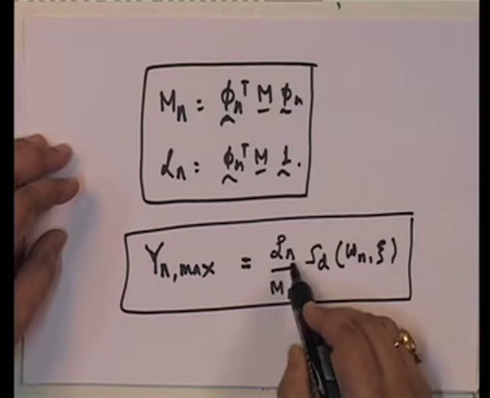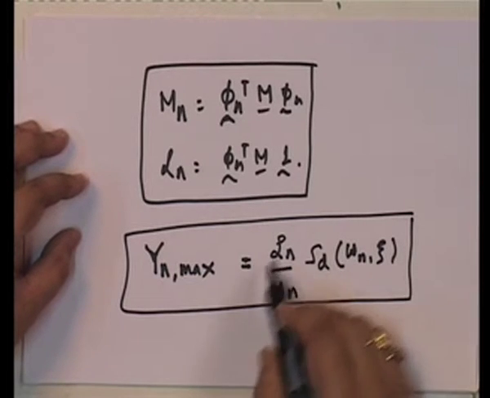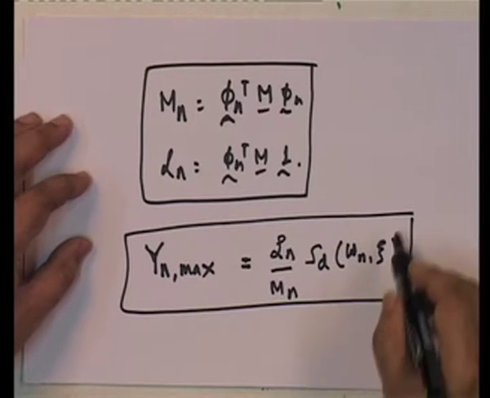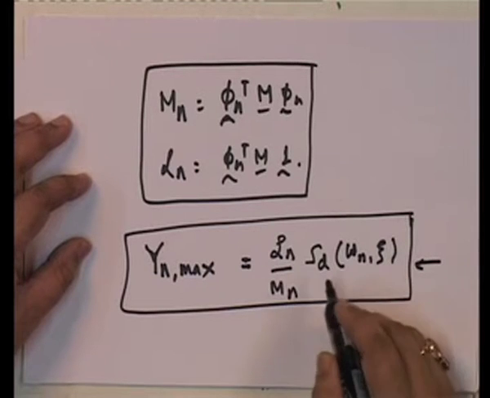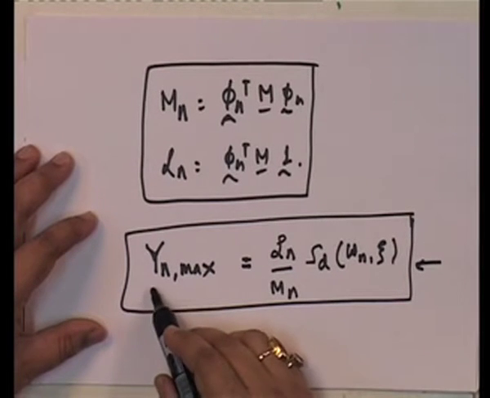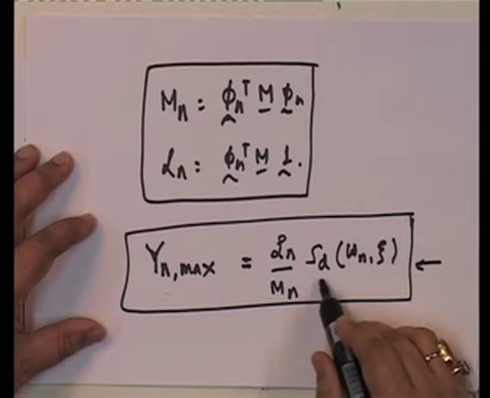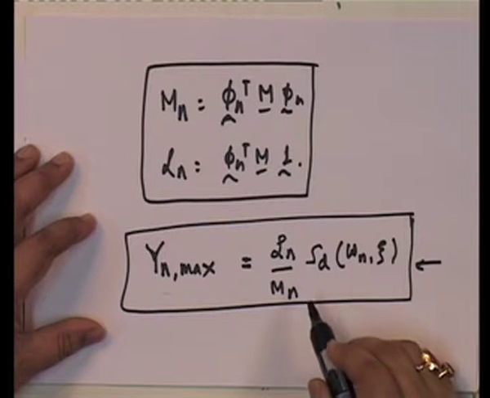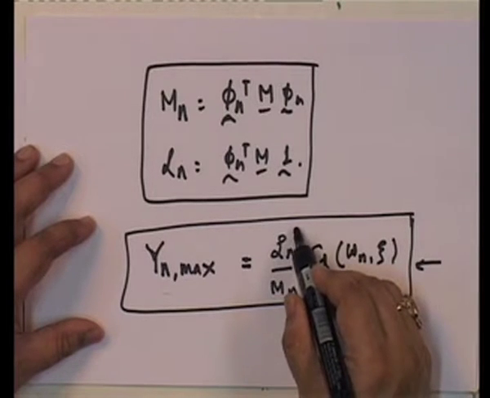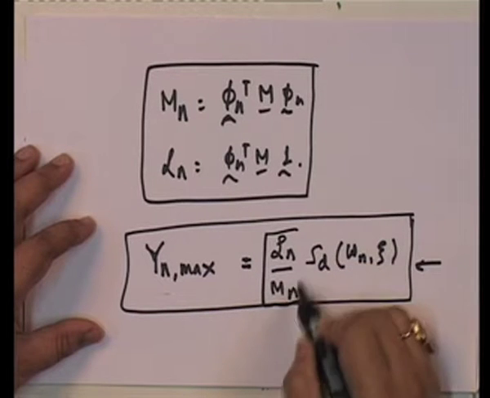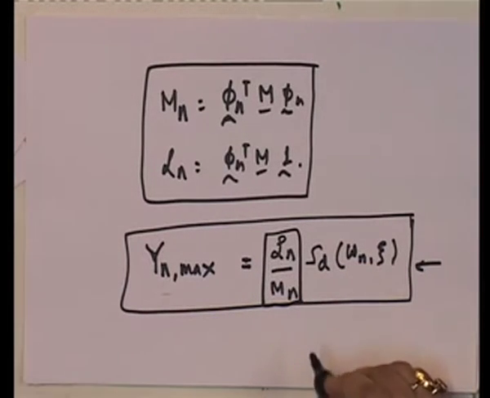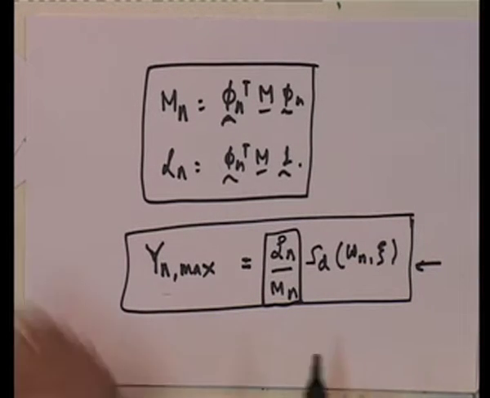Since this is being multiplied by Ln upon Mn, that factor continues. So, I can get the maximum modal amplitude in terms of the deformation spectrum. Only thing is the deformation spectrum is now multiplied by an additional term.